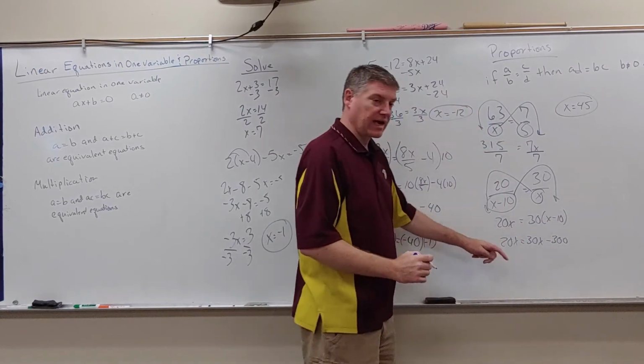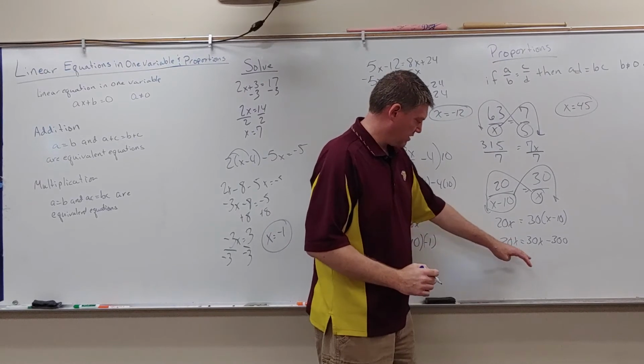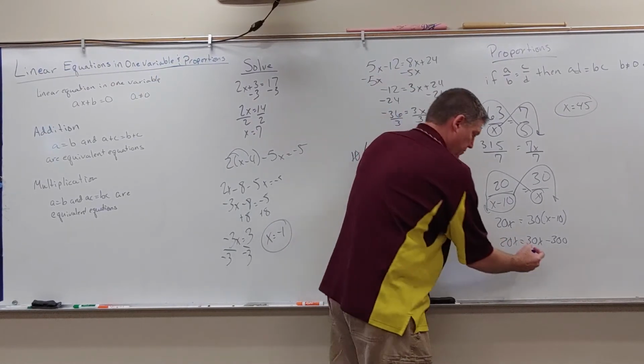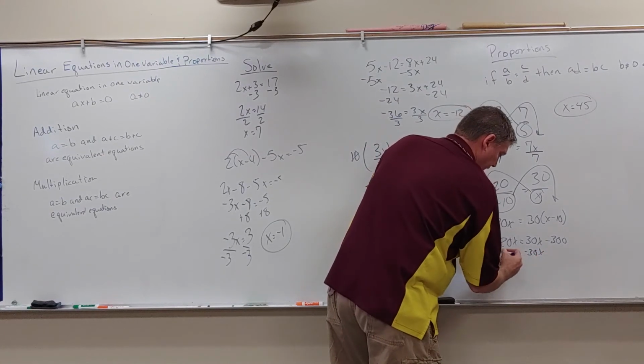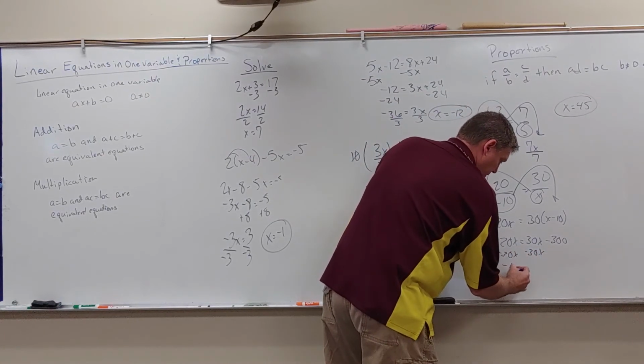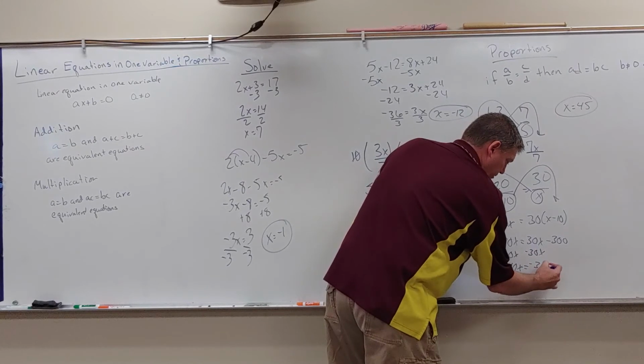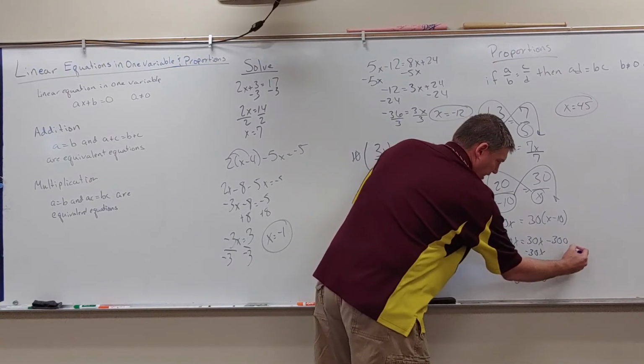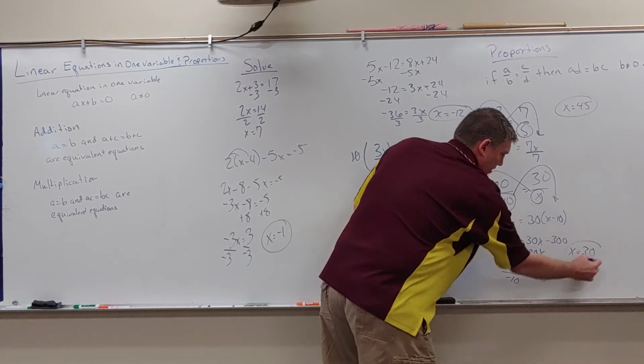Now this is kind of like a couple problems ago, where I saw that I have x over here already. So I'm going to actually just subtract over my 30x. So minus 10x equals negative 300. Divide by negative 10. And I get x equals 30.